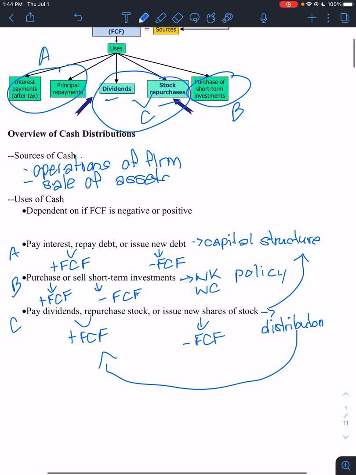What do we mean when we say distribution policy? The level of distributions, the form of those distributions, whether they're going to be dividends or repurchases, is the main trade-off we'll look at in the chapter, basically, between those 2 choices.